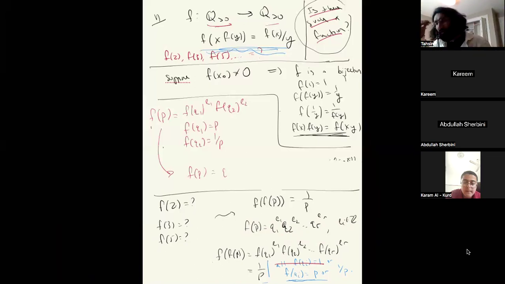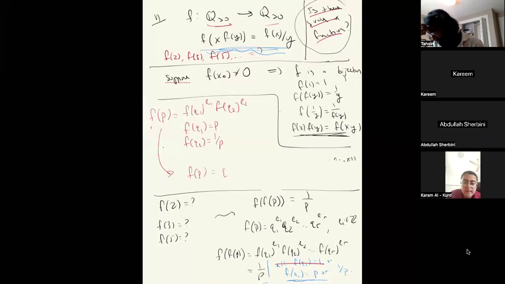I'm not sure I understand what you're saying, Abdullah. Okay, so in the equation in red, what if f of p could be f of q1 to the e1, f of q2 to the e2, etc.? Yes. But we know that f of x is a bijection.